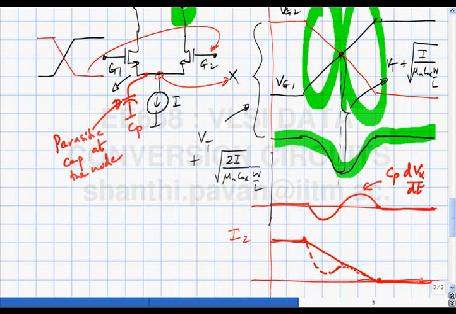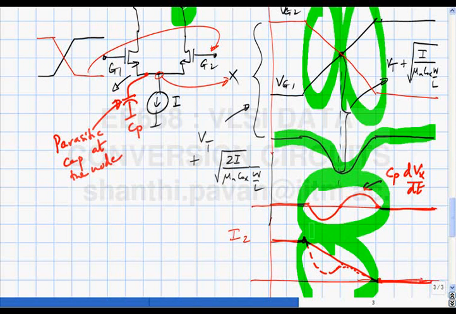If the transition becomes shorter and shorter, this will become thinner, skinnier and taller. So this will drop by a large amount and then come back. Instead of a nice clean step-like transition, there will be a glitch at that point.